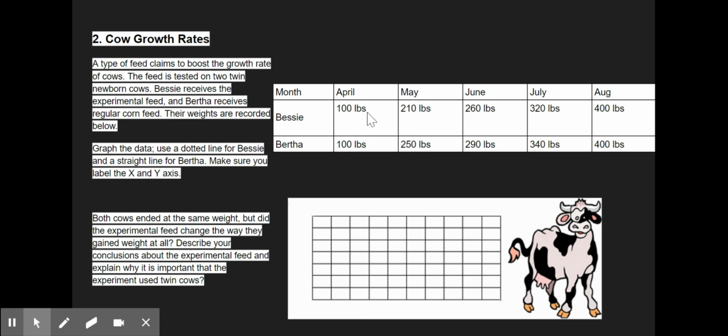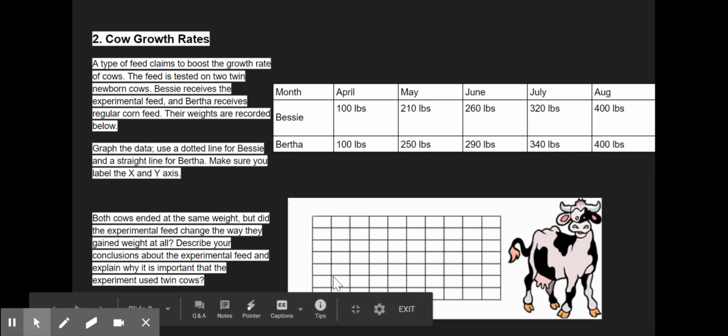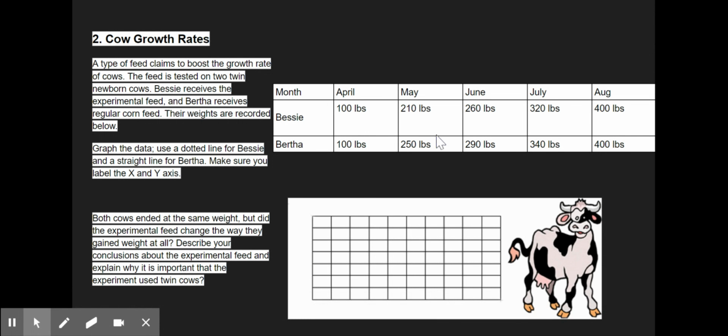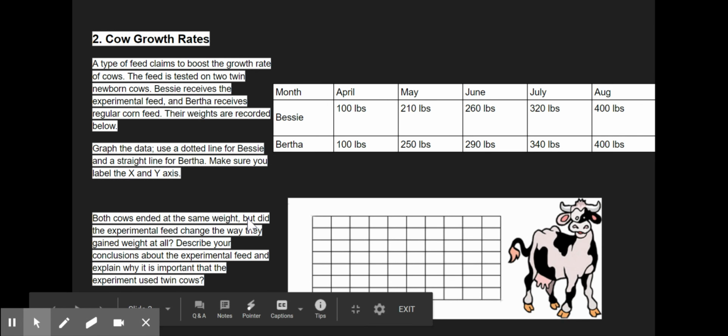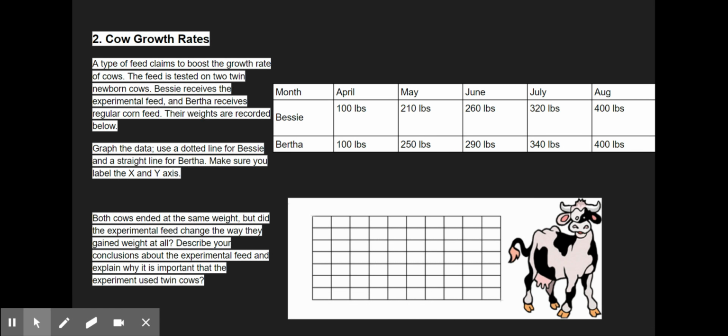So for this one, when we're graphing the data, they both start at 100. So probably somewhere down here at the base, you need to make it 100. And then they both increase at different rates, but they both end at 400 pounds. So that is part of the question you have to answer down here. Both cows end at the same weight, but did the experimental feed change the way they gained the weight?